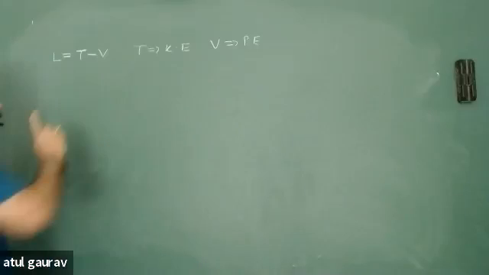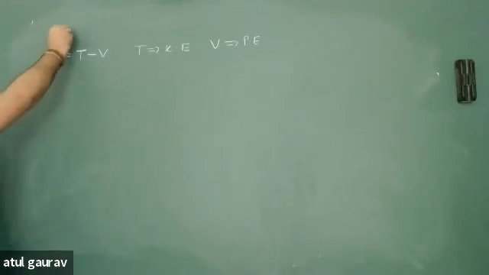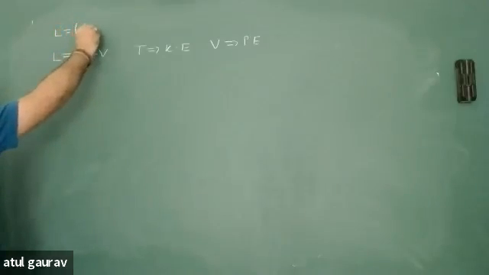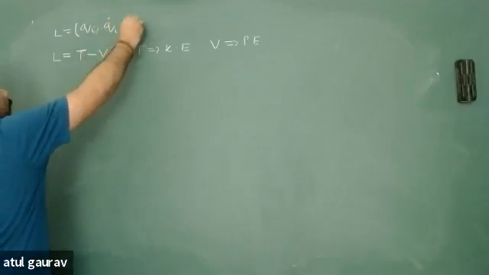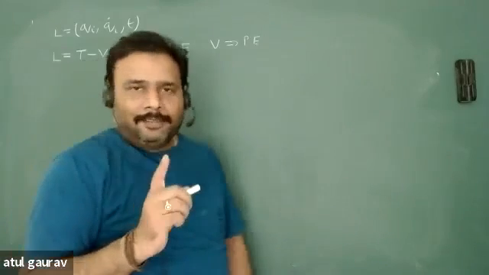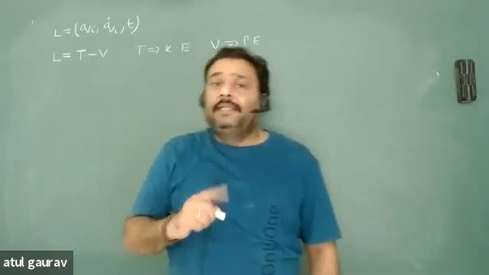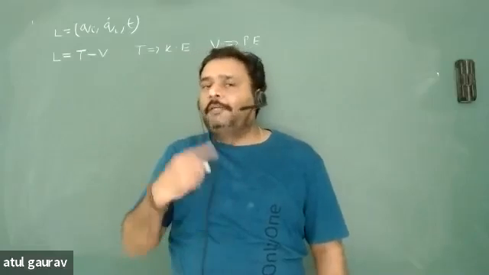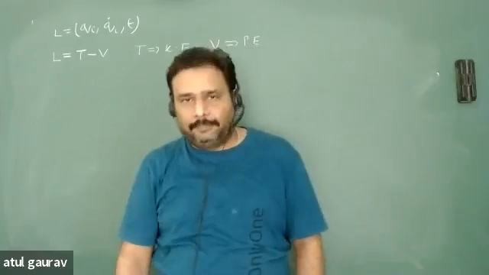But please mind it, the most important thing is that L will be a function of generalized coordinates, generalized velocities, and maybe a function of time. What is a generalized coordinate? These are dynamical variables, and if the number of dynamical variables is equal to the degree of freedom, then only we can say these are generalized coordinates.